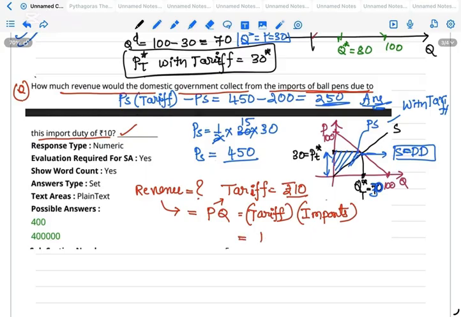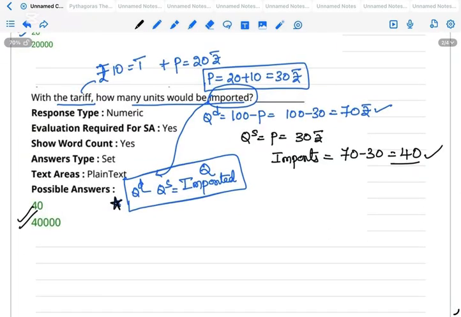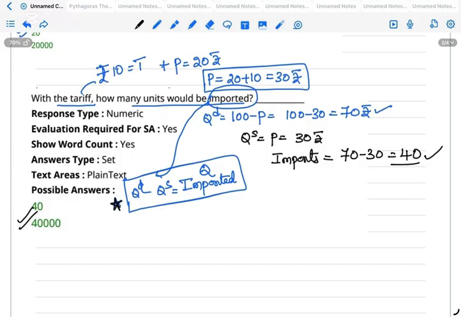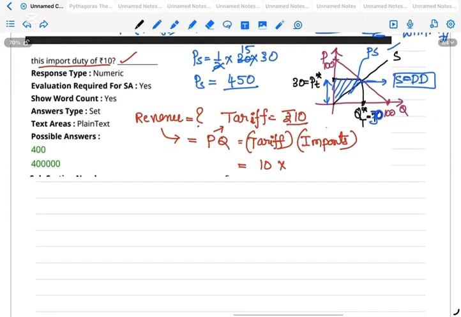The tariff is 10 rupees times imports with tariff, which we already calculated in the previous question: with the tariff, how many units will be imported? The answer is 40.